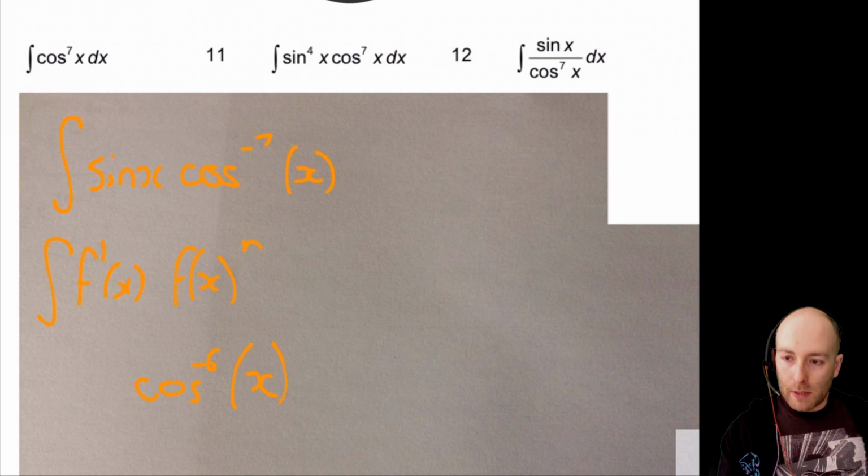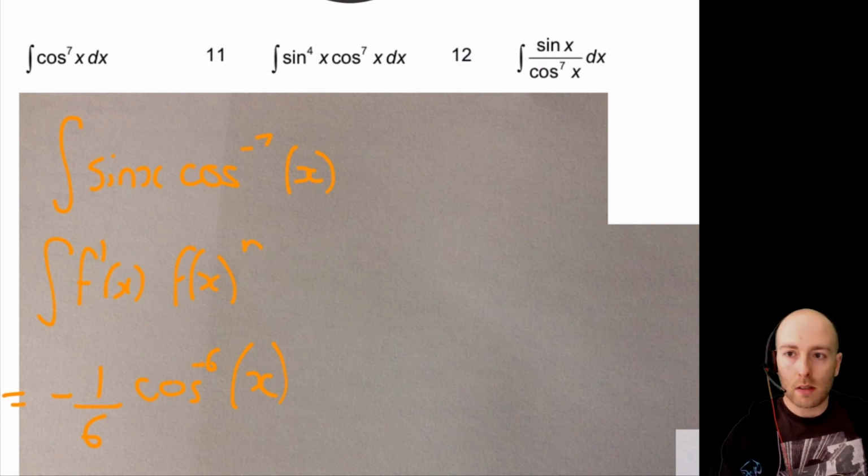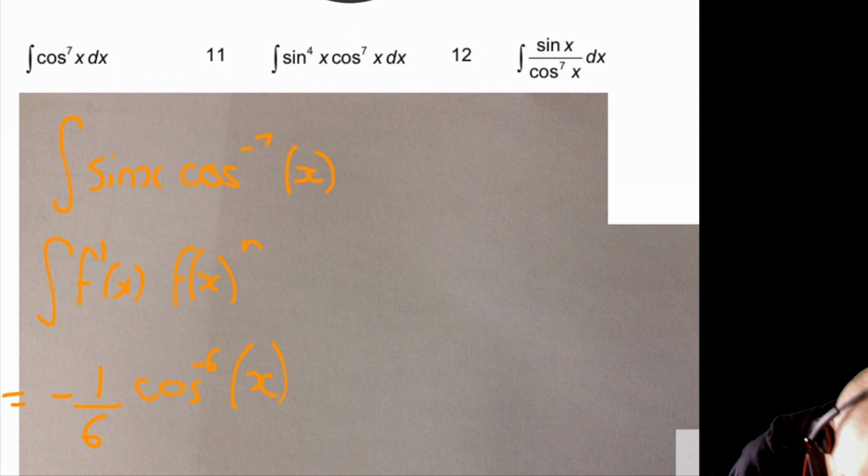If we differentiate that, we'd get minus 6 out the front, which we don't want, so we need to do minus a sixth there. We'd get cos power would go down 1, and we would get a sine come out the front. Yeah, so that's our answer there: minus 1/6 cos to the power minus 6. So that's how you do 12.